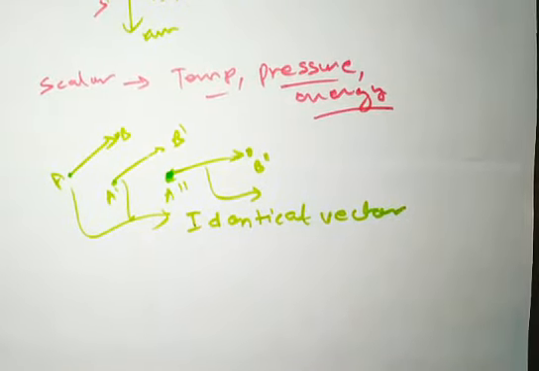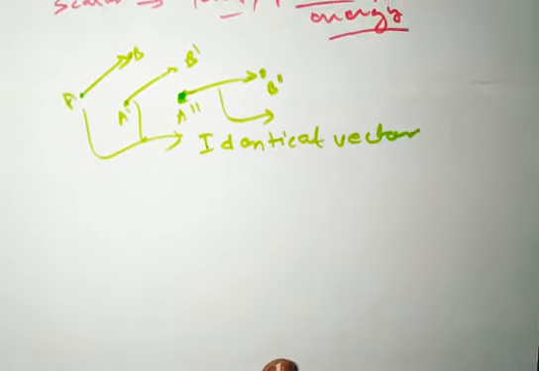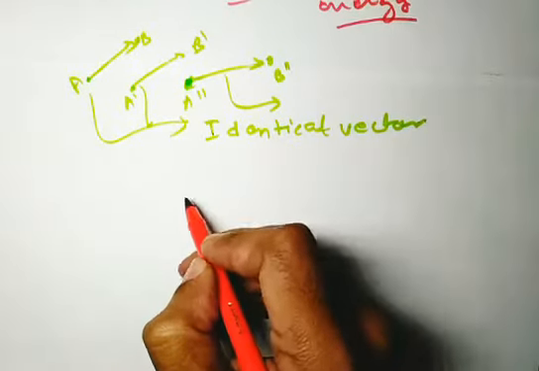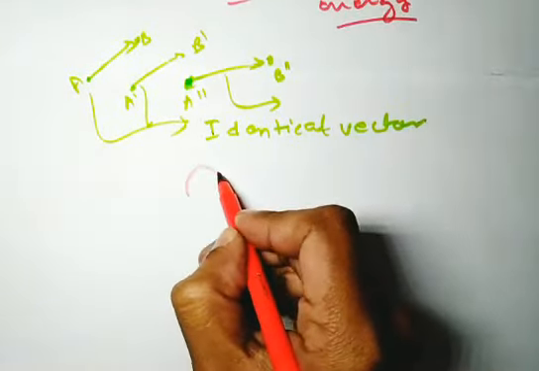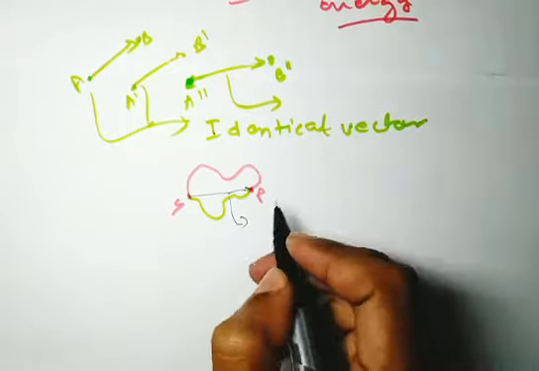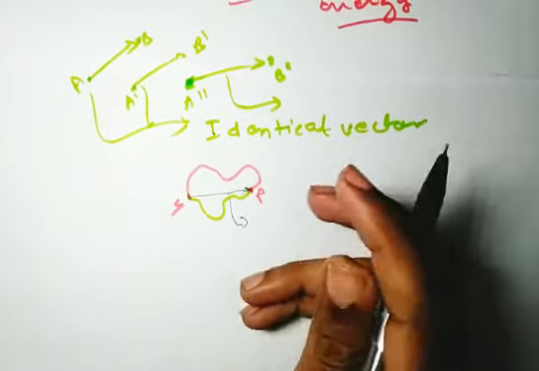If we wanna understand the displacement vector, if there is a path like this, starting to finish, and there is another path like this, so we can say this is the displacement. So what does displacement represent here?